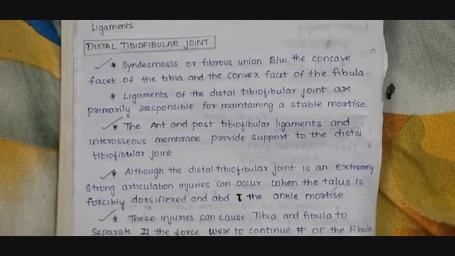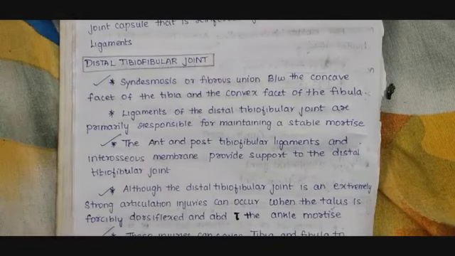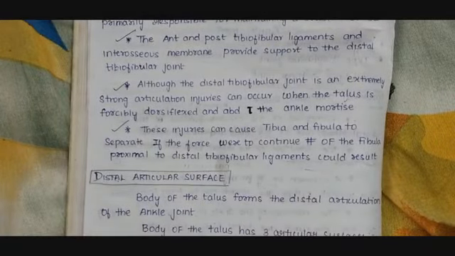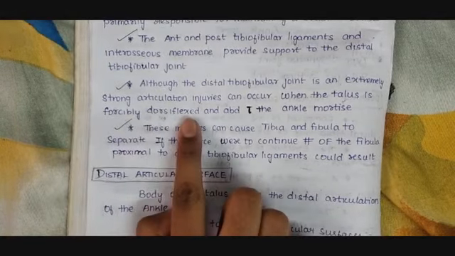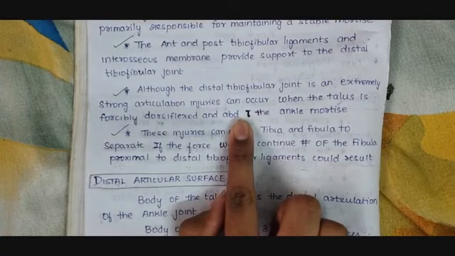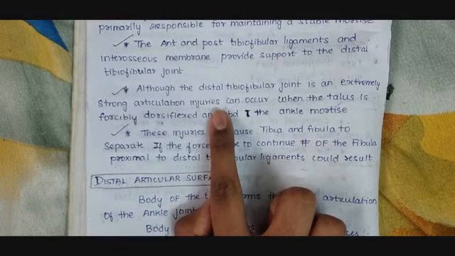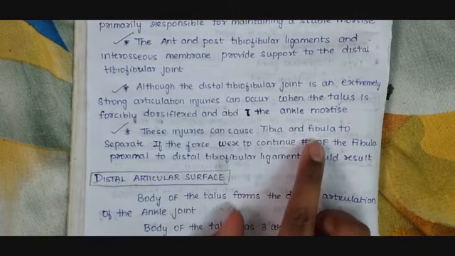So, what they are trying to say under the distal tibiofibular joint is, first, it is a syndesmosis or fibrous union. Second, there are the anterior and posterior tibiofibular ligaments and interosseous membrane that provide support to this joint. And third, a very important point: when the talus is forcefully dorsiflexed and abducted, there is a chance of the distal tibiofibular joint getting injured. Initially, the tibia and the fibula separate at the distal tibiofibular joint.